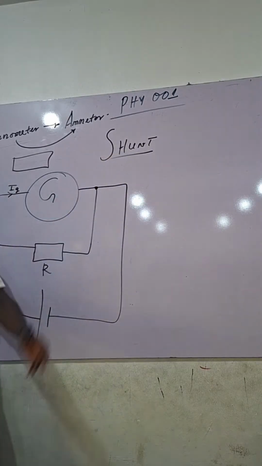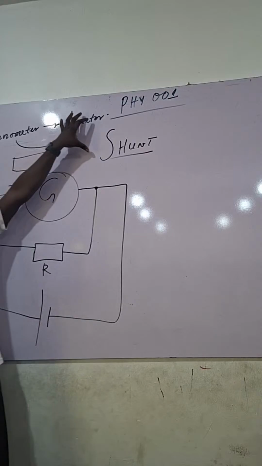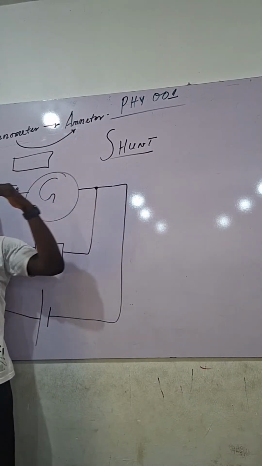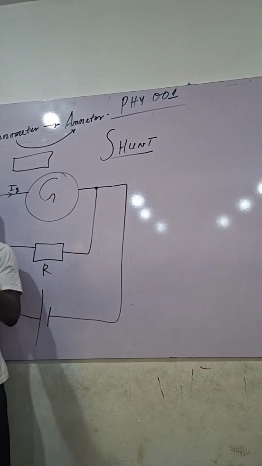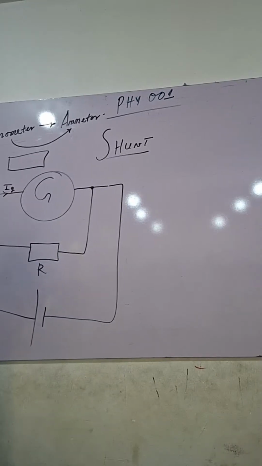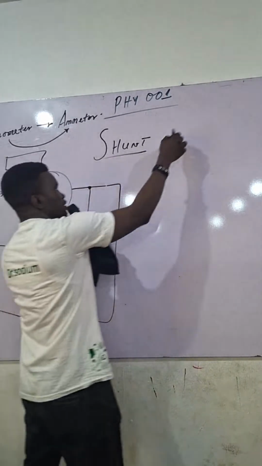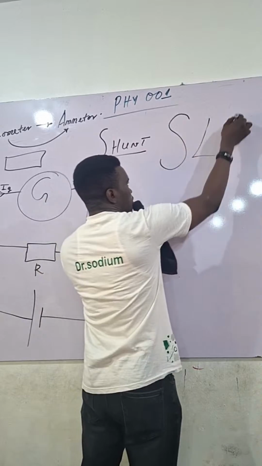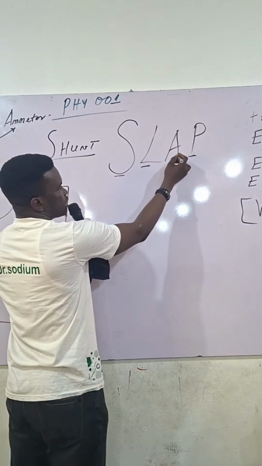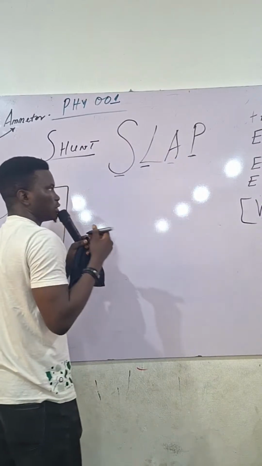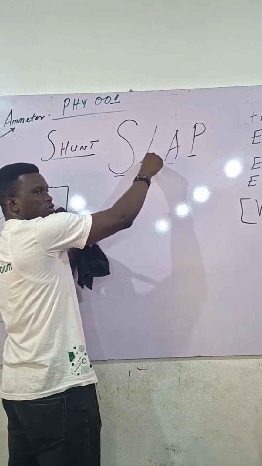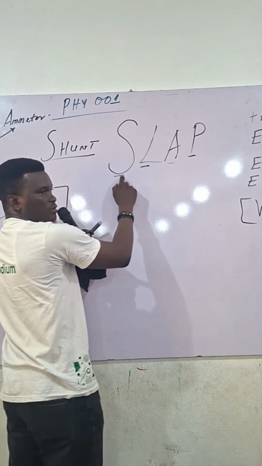So to convert a galvanometer to an ammeter, you need a shunt. And what is a shunt? A low resistor connected in parallel. So all you just need to remember is galvanometer, shunt, ammeter. So when you are converting a galvanometer to an ammeter, you need a low resistor in parallel, and this means shunt.